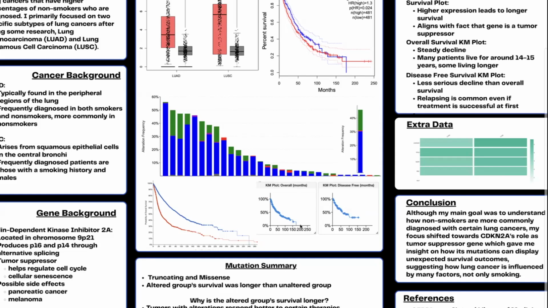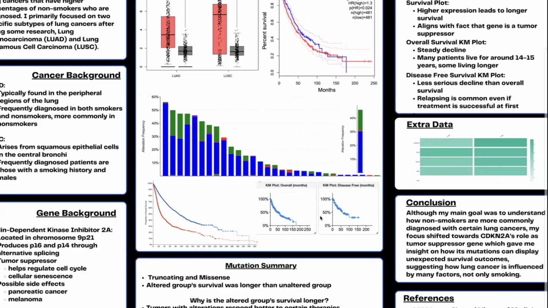It's like 170 months. And for the disease-free survival, this basically shows how long patients can stay cancer-free after a certain treatment. So this is a less extreme decline than the overall survival.